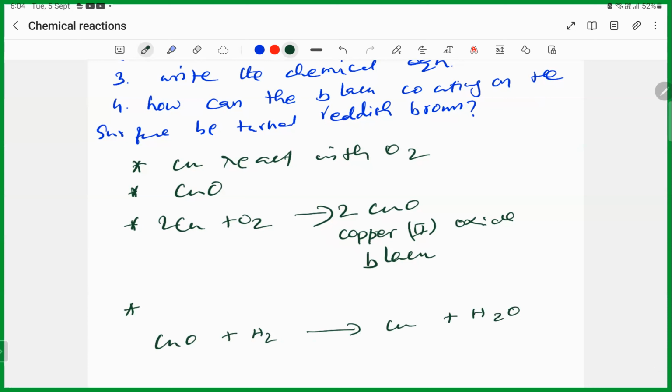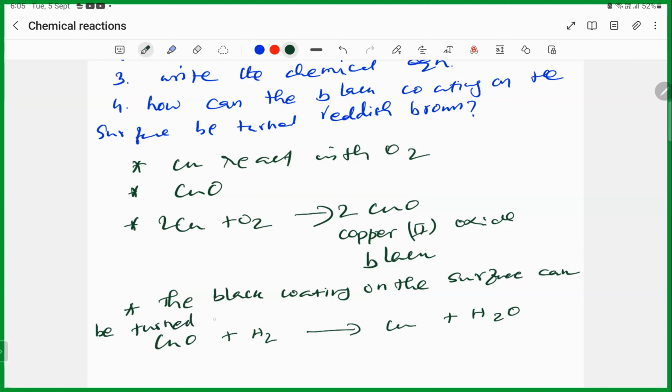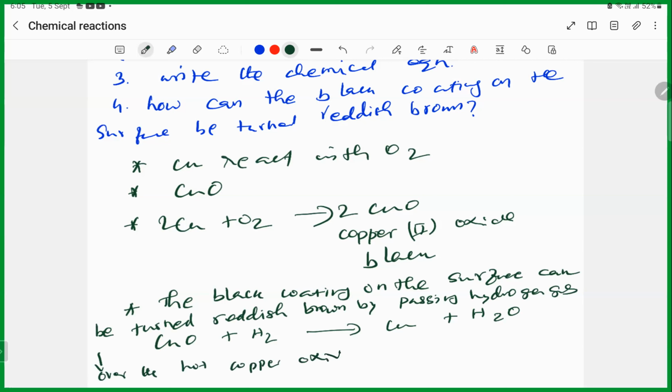So the black coating on the surface can be turned reddish brown by passing hydrogen gas over the hot copper oxide. Okay. Next, answer this question.